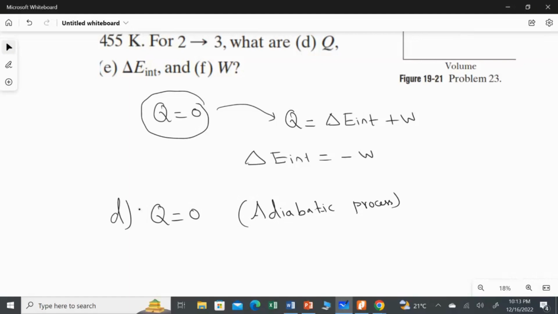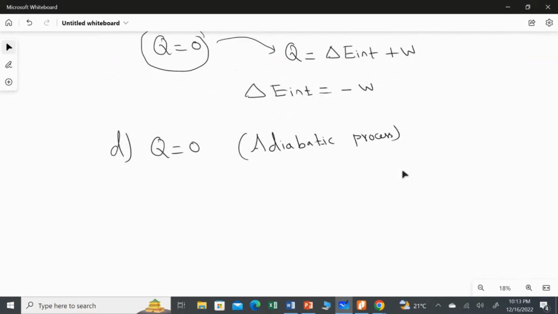Okay. Now we have to answer for change in internal energy. So change in internal energy we are going to find. We studied the change in internal energy, and here the condition they mentioned, it is a monoatomic gas, right?